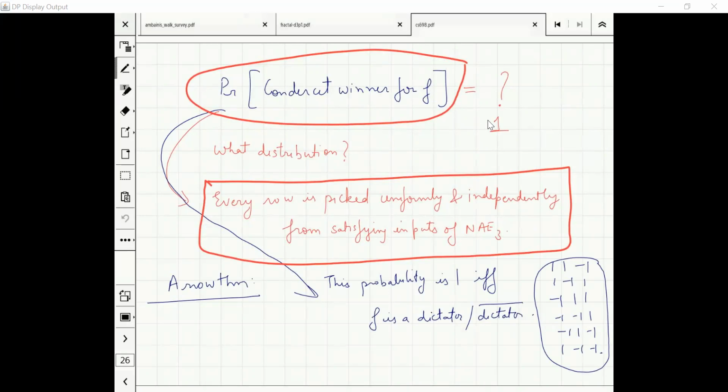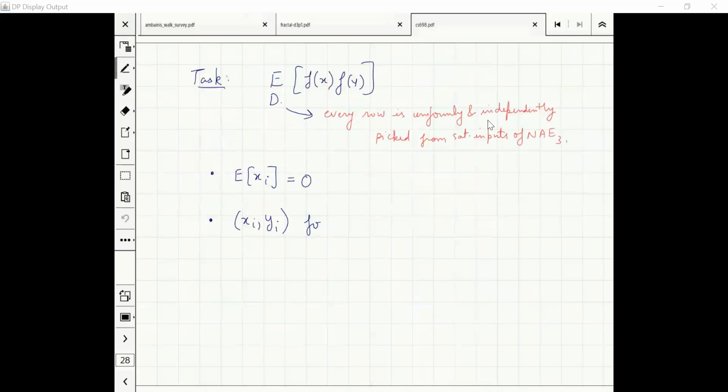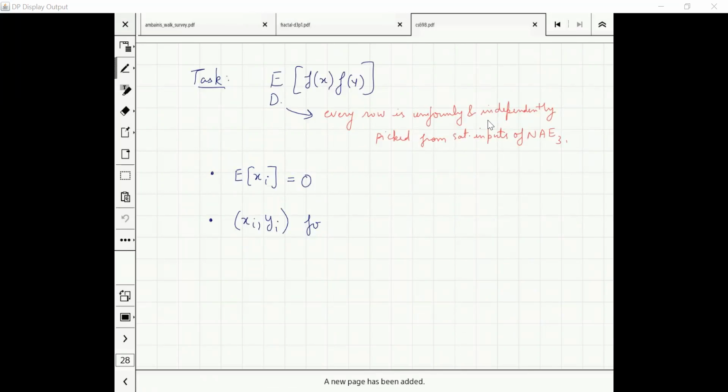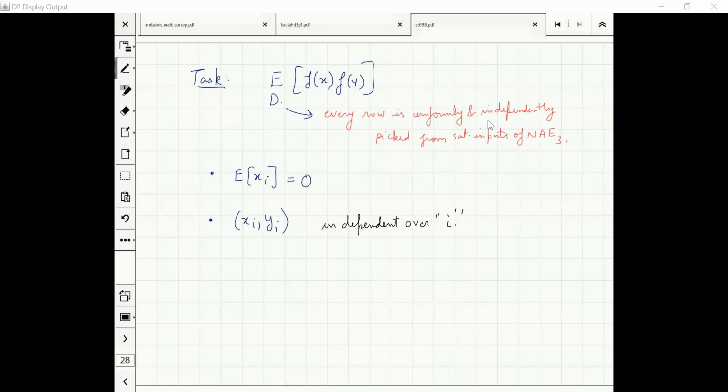Xi and Yi are not independent. But if I talk about this pair X1, Y1, this is not telling me anything about X2, Y2, because each row is picked independently. This just follows from that.